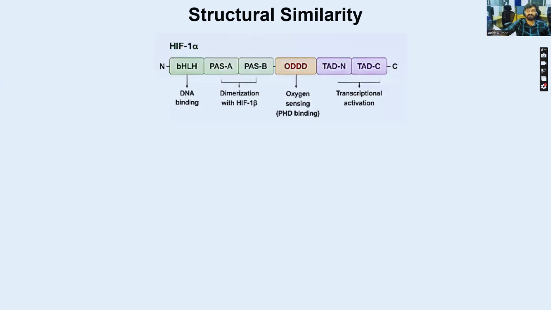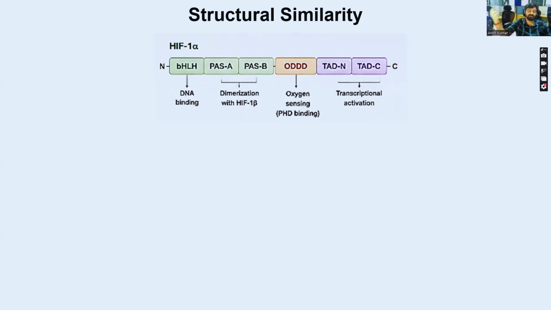So if we see the structure of HIF-1 alpha, as I've told you, this is a protein, and the protein is made up of a sequence of amino acids, and this amino acid sequence will have an N-terminal and C-terminal, and that you can see in this structure. All of these regions work differently. The bHLH region is basically responsible for DNA binding.